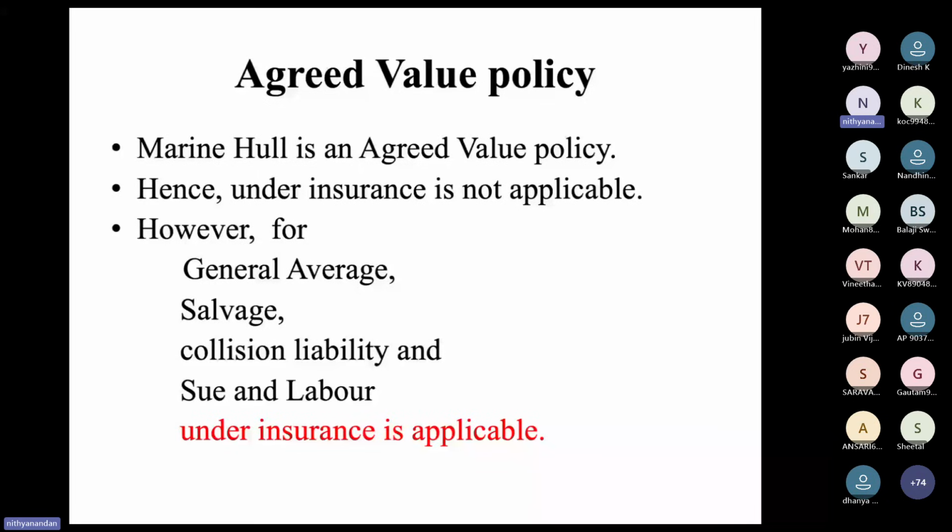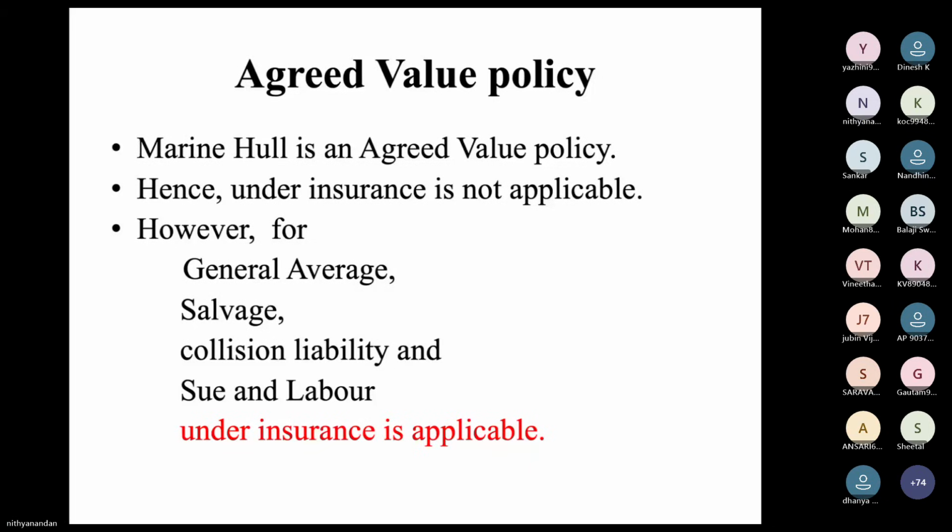So the insured, if he is having an old ship and it is totally lost, has to get a new ship, which will be of higher value. So for these reasons, marine hull policy is issued as an agreed value policy. The value is agreed between insurer and insured. It may not reflect the exact market value. So in case of a total loss, the sum insured is payable, right?